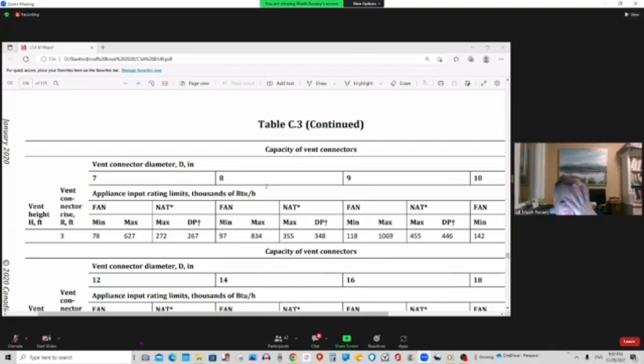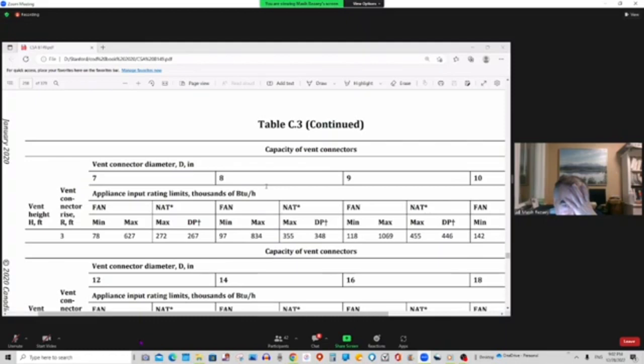Common vent means 2 vents go to 1. My height was 15, so I put my ruler on 15. Now, it says tight house. So under DP, I have fan plus natural draft. I had fan assisted plus natural draft, so I add them together.